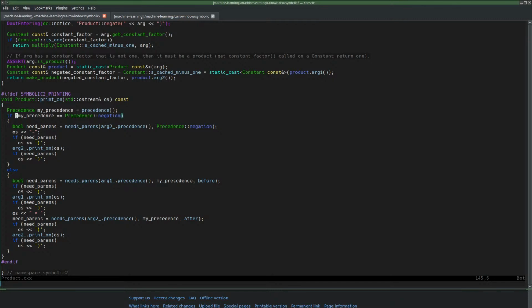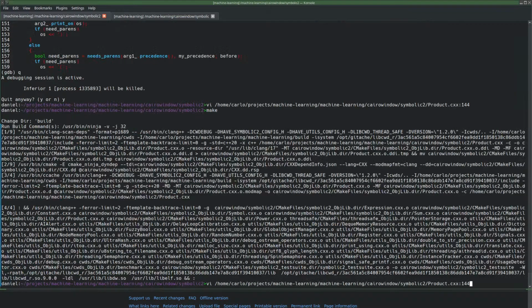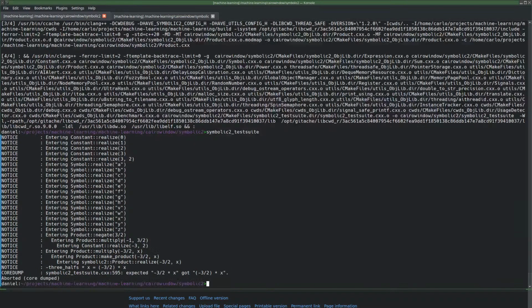That's just a wrong test. So that works, except now we still have parentheses around the constant.